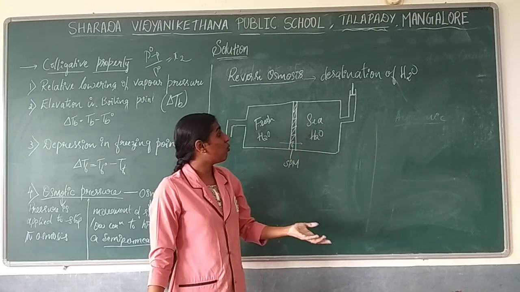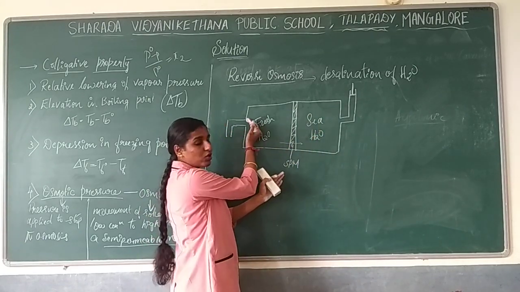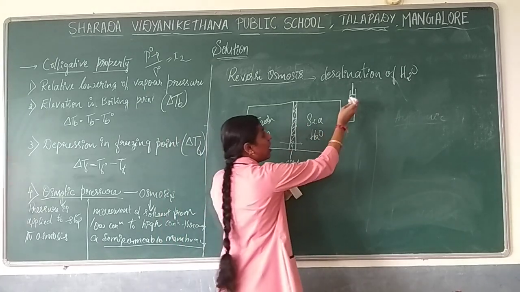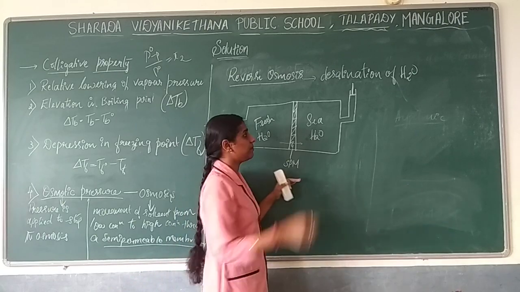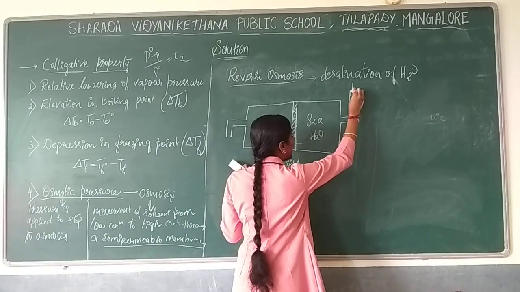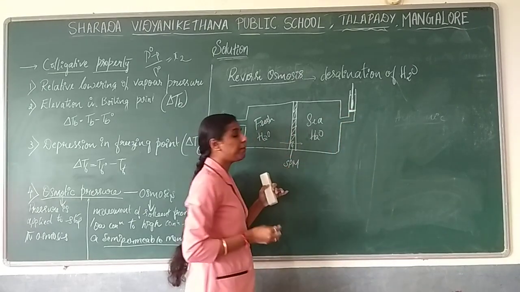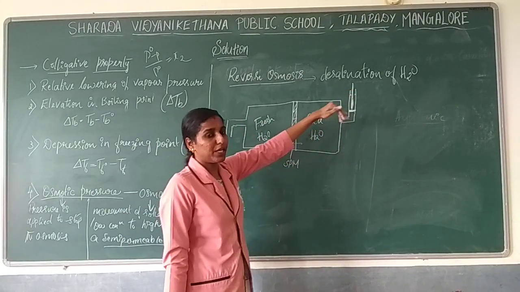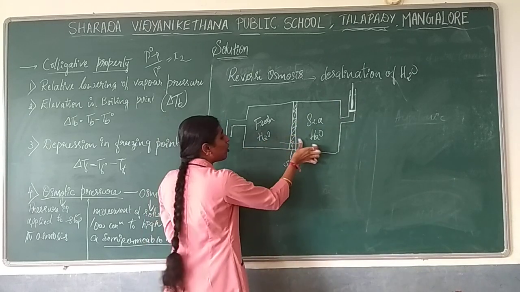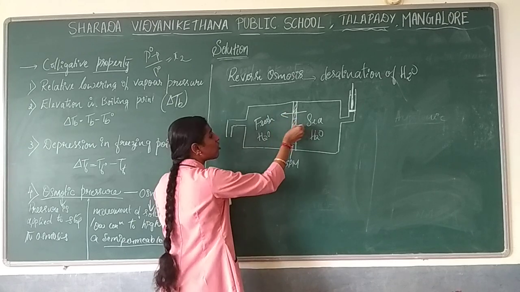So now what you are going to do is deal with the reverse of osmosis. How will it be done? Now you have to apply a pressure more than the osmotic pressure, much more than the osmotic pressure. If you apply more than the osmotic pressure, the movement of solvent can be seen in reverse order.